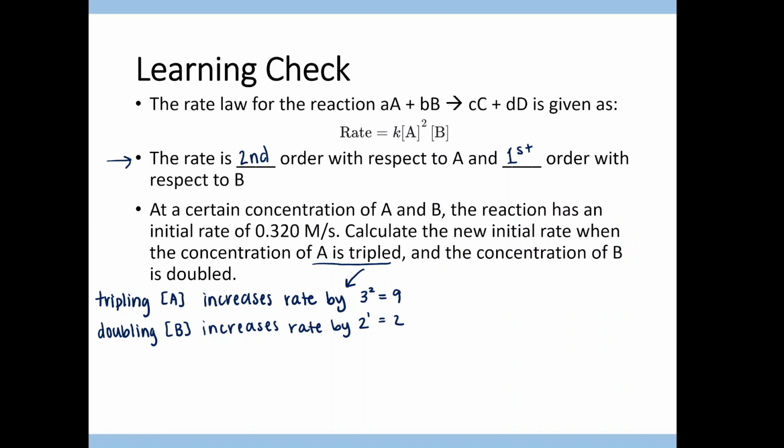We multiply A and B together in the reaction rate, so the overall reaction rate increases by a factor of 9 times 2, which is 18.